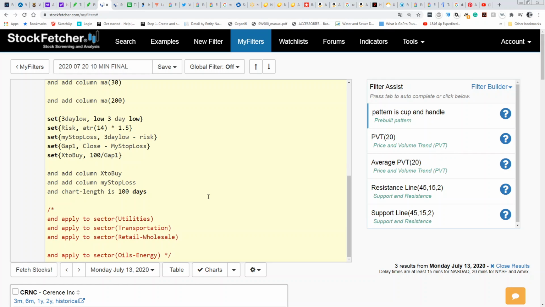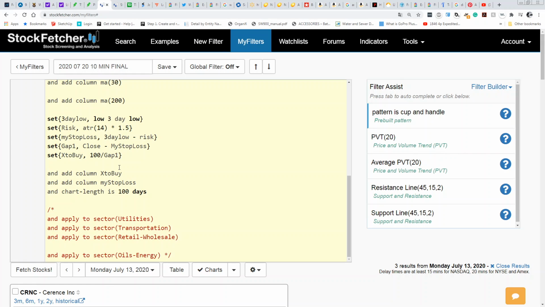And this is the number to buy. So I'm saying I want to risk $100. Hold on. I think this is my error here. Let me think a little bit. The gap is the close minus my stop loss.